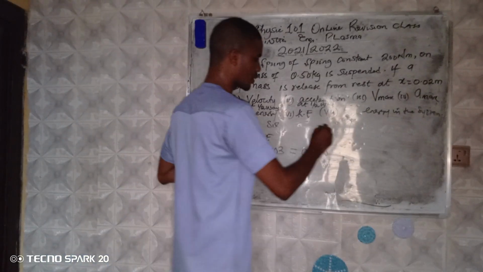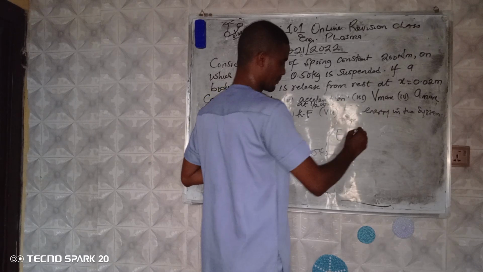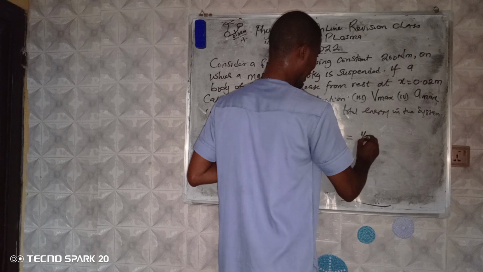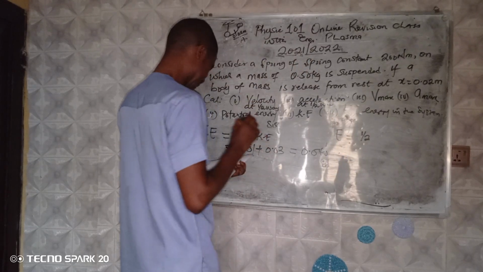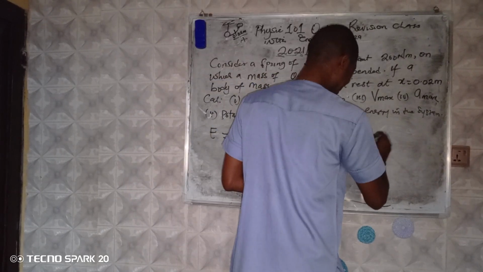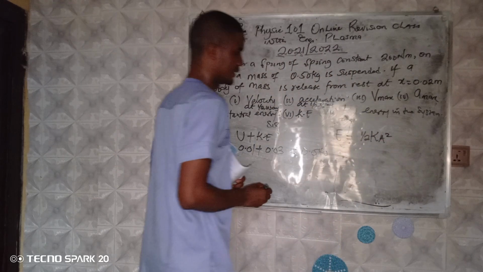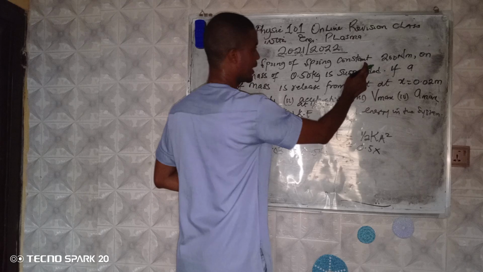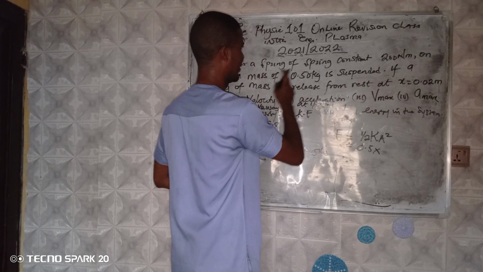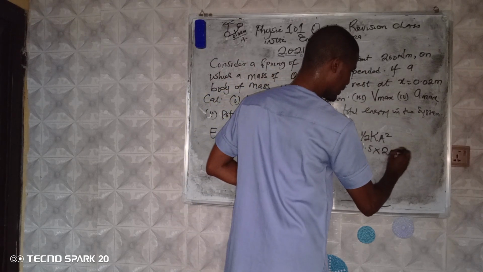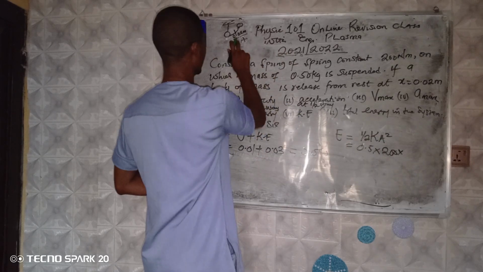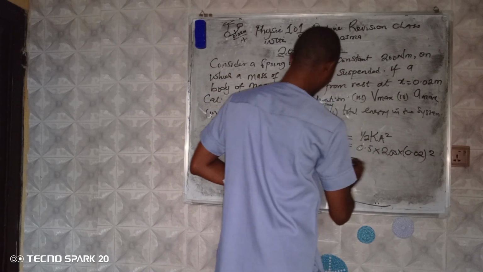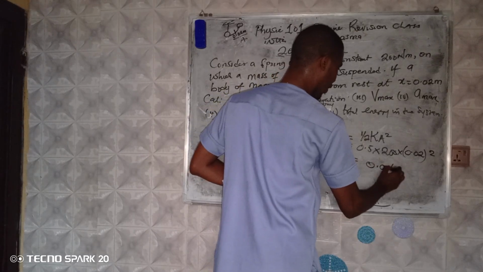Also, you can calculate the total energy E as half K A squared. So if you do that, we'll have 0.5 times K, which is 200, times amplitude 0.02, all squared. If you multiply this, you have 0.04 joule.